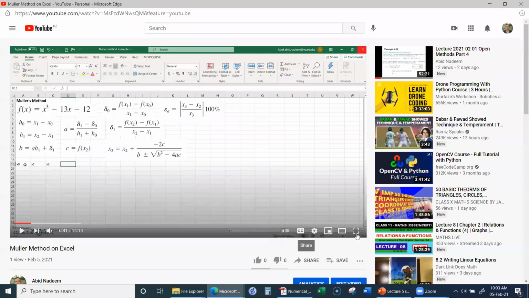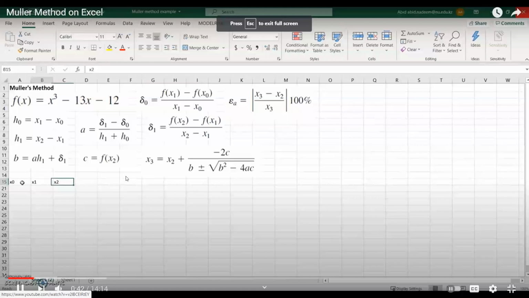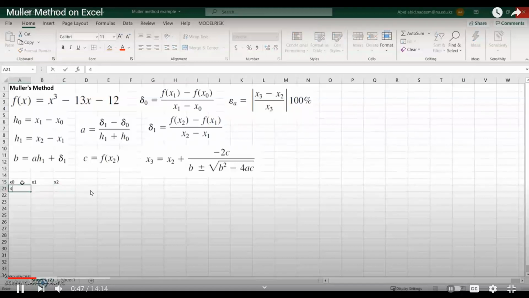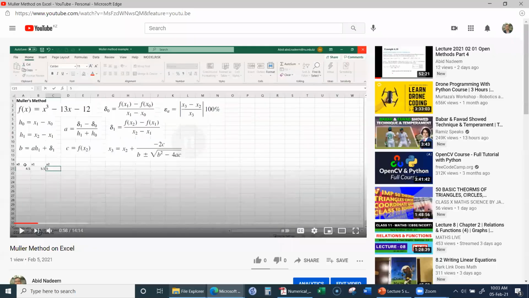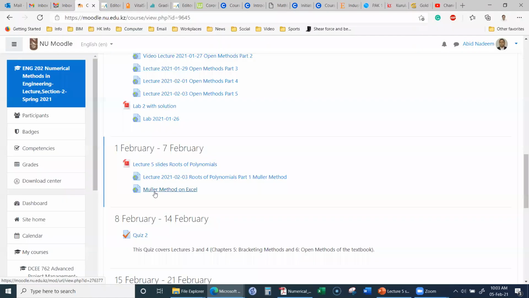I have input this Muller method on Moodle, and also shown how to apply this method on Excel, so how to set up this method on Excel. So you can have a look at this method from Moodle.